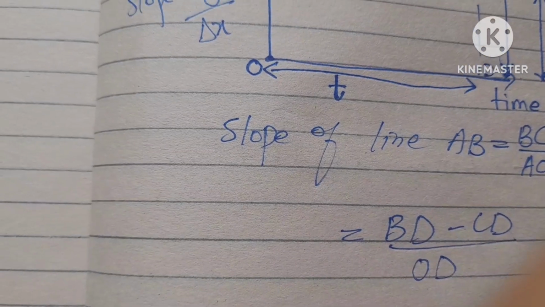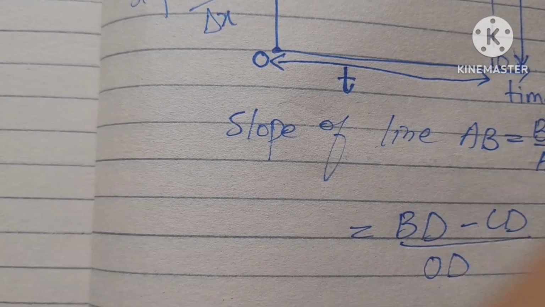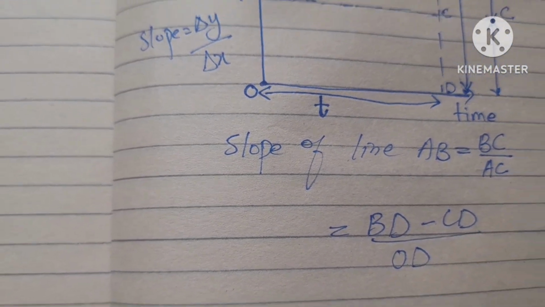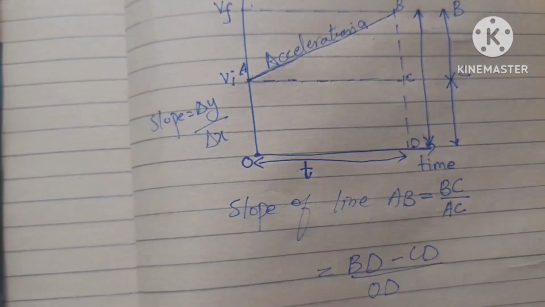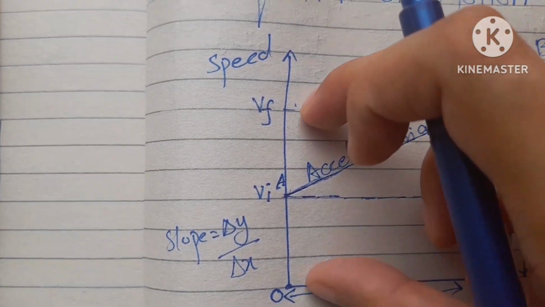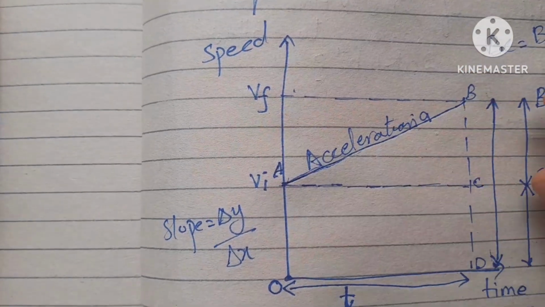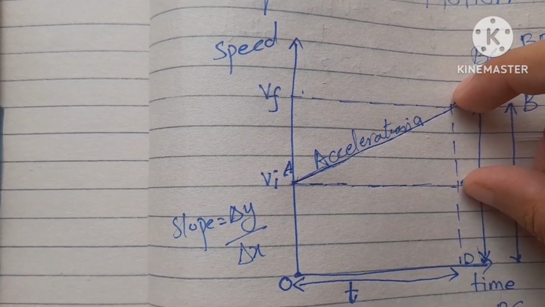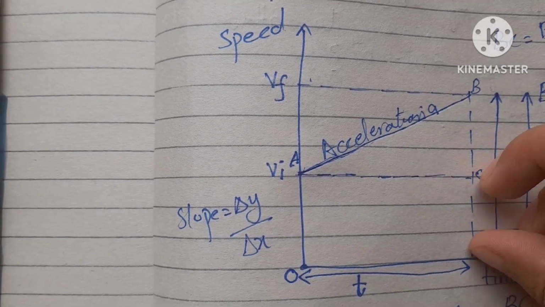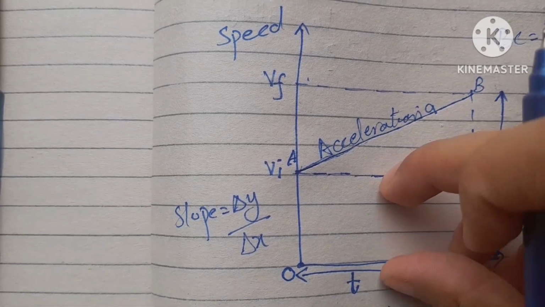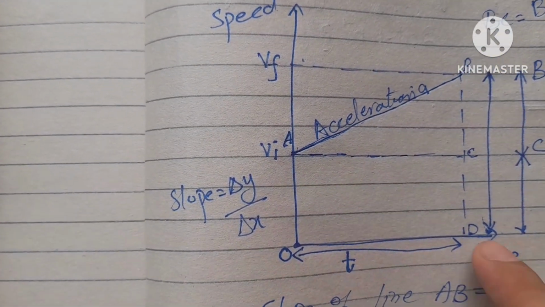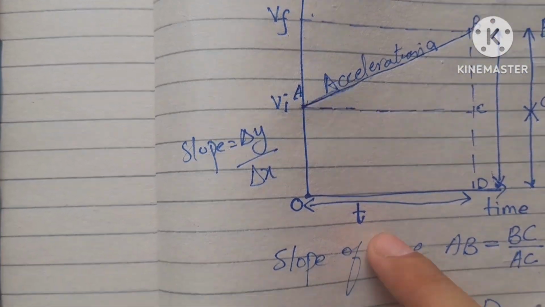As we say, we have to find the relation between VF, VI, time and acceleration in the first equation of motion. So BD is equal to VF, and CD is equal to VI, and this OD is equal to the time t.